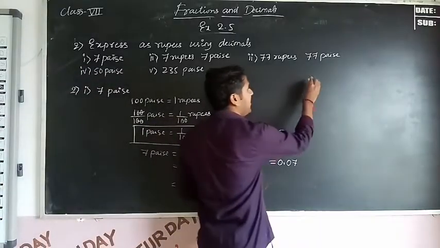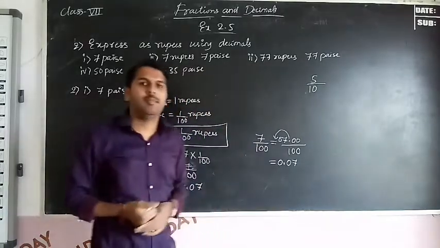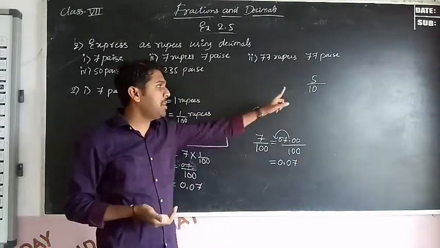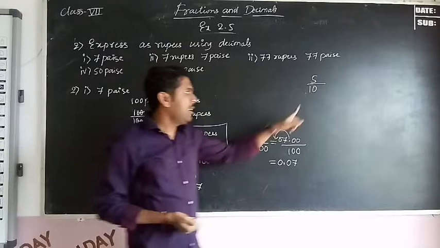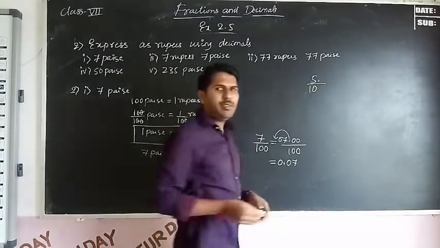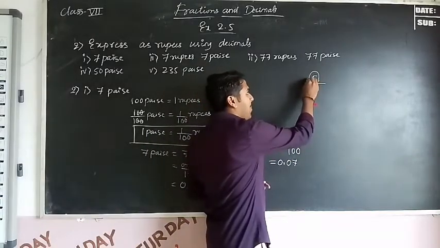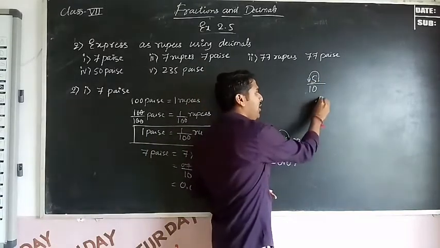Now take this one, 5 by 10. How to shift this one? Decimal number 5 by 10. Here how many zeros? 1 zero. So the decimal point will be there, so shift it. What will be the answer? 0.5.